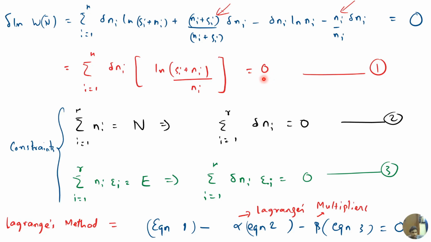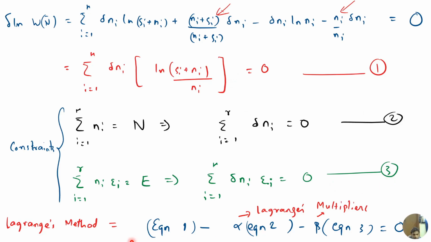This is subject to the constraints that the total number of particles has to be the same, which in terms of delta Ni is shown as this, and in terms of energy conservation we have the sum of delta Ni Ei equal to 0. Now we will apply the method of Lagrange multipliers to maximize this subject to constraints 2 and 3.